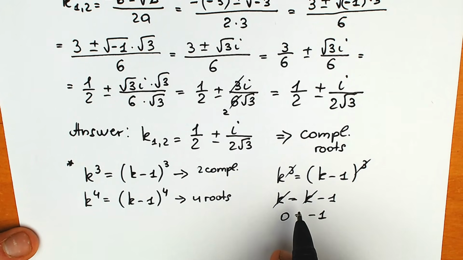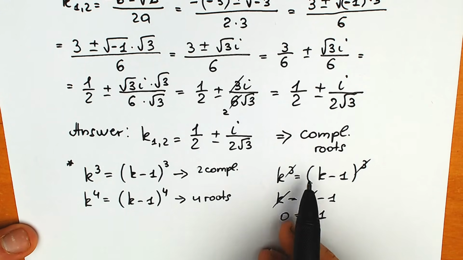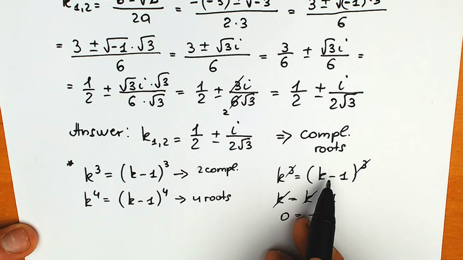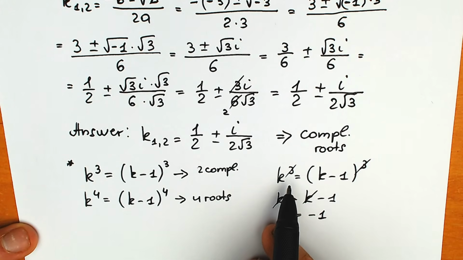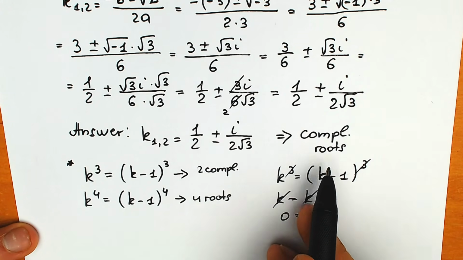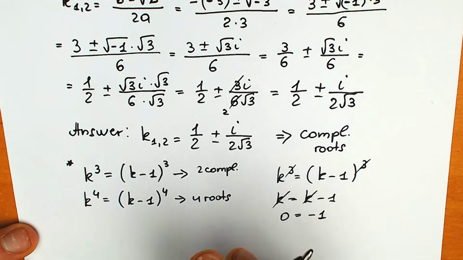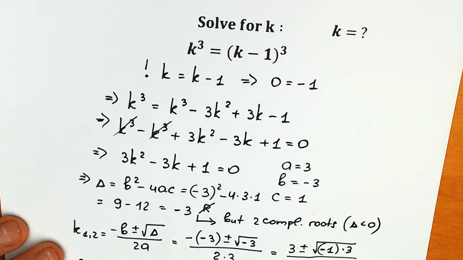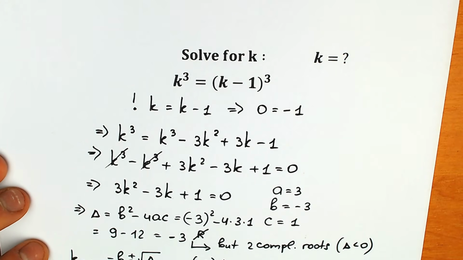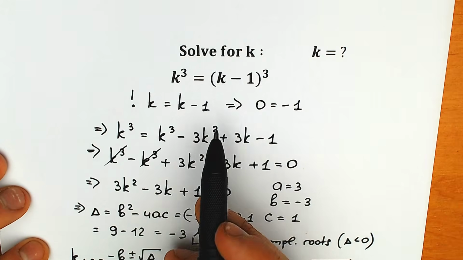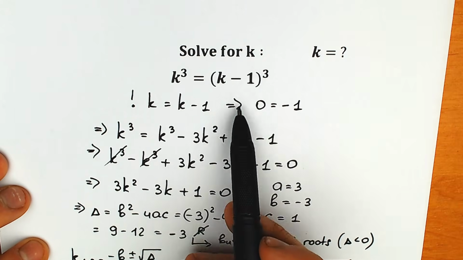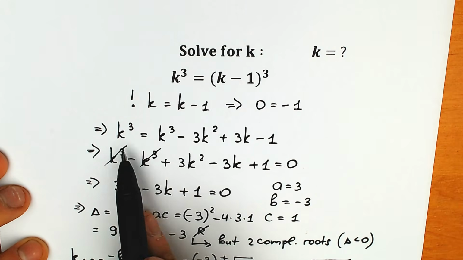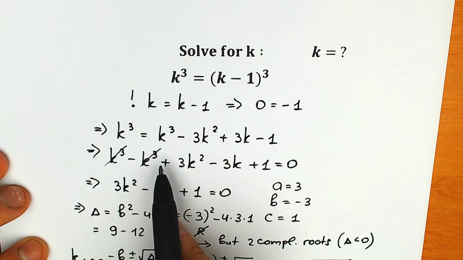So the best way to solve this question, when you have, for example, a third power, is to write everything on the left side, and as a result we have a difference of cubes, maybe a sum of cubes, maybe a difference of squares, exactly our case. But we solved it in a different way. We just expand this (k minus 1) to the third power, and we cancel this third power.